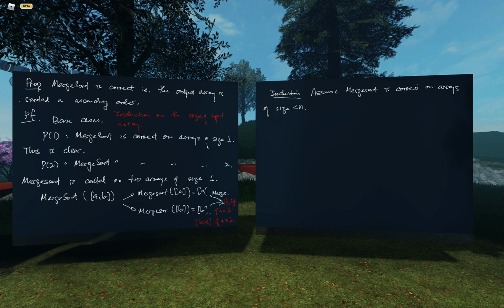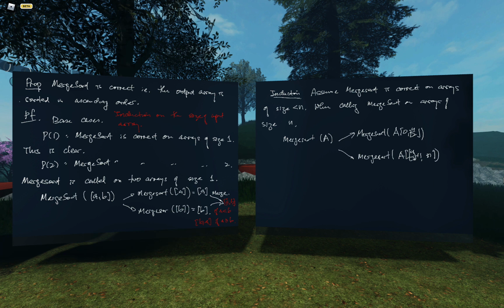And then when calling merge sort on arrays of size n, what happens is that you get merge sort of A. This breaks up into merge sort of A from 0 to n over 2, and A from n over 2 plus 1 to n.